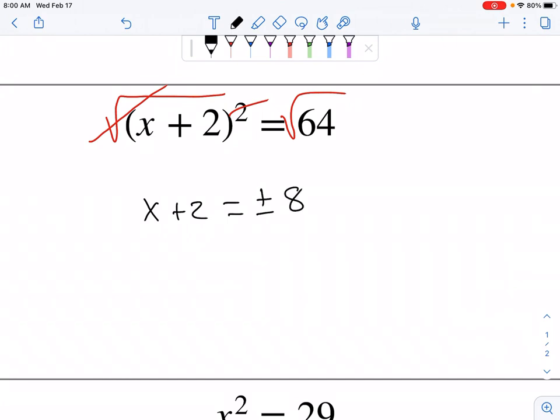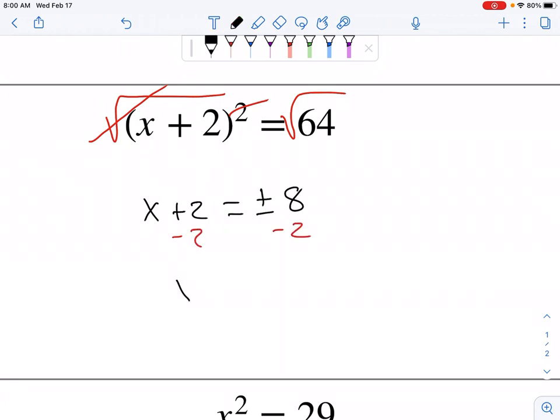Okay, and there's a couple different ways that we can approach this. We still need to get x by itself. So x still isn't by itself. We need to move this 2 now. I can get to this 2 because I got rid of my parentheses. I couldn't subtract 2 here because there was too much other stuff going on. I wasn't allowed to get to it. So now I'm going to subtract 2 from both sides.